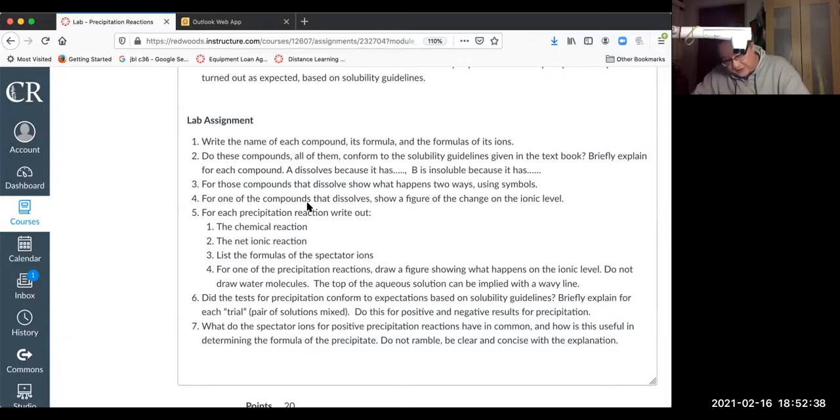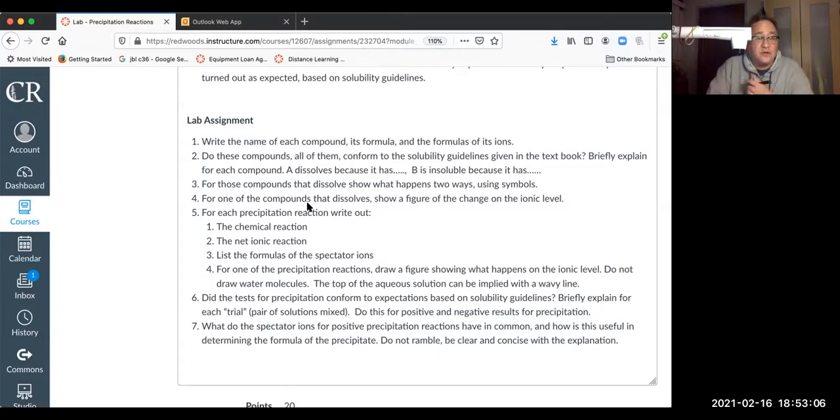And this is because it's not covered by the solubility rules. Hence, it's not soluble. So that's what you would write for the explanation for number 2.